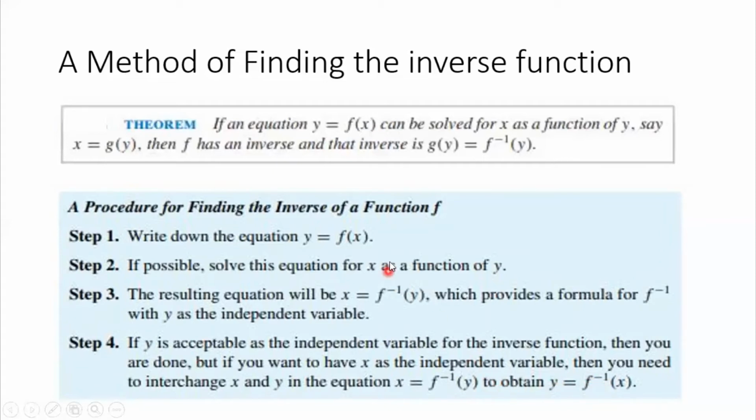So if we have an equation x is equal to g of y and we want x as the independent variable, all we have to do is interchange the x variable with the y variable. Then we obtain y is equal to f inverse of x.